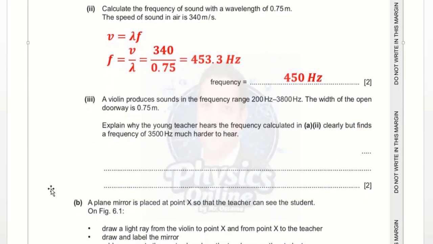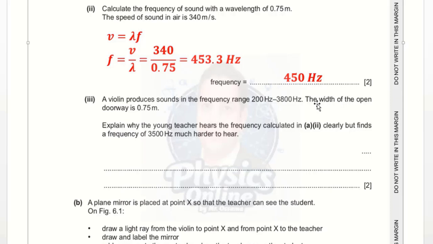A violin produces sound in the frequency range 200 to 3800 hertz. The width of the open door is 0.7 meters. Explain why the young teacher hears the frequency calculated in A2 clearly, but finds a frequency of 3500 hertz much harder to hear. The frequency calculated here has a wavelength of 0.75, which is about the width of the doorway.